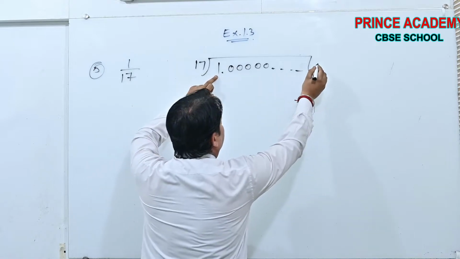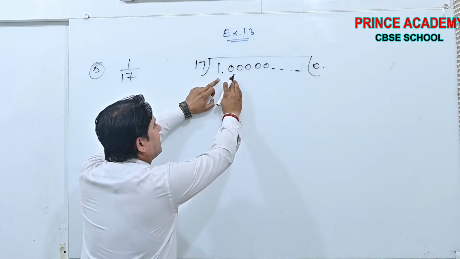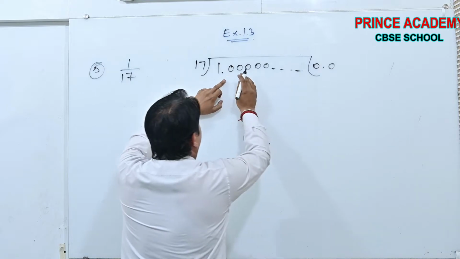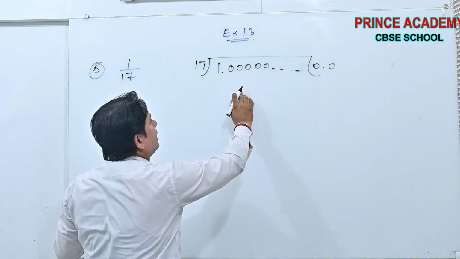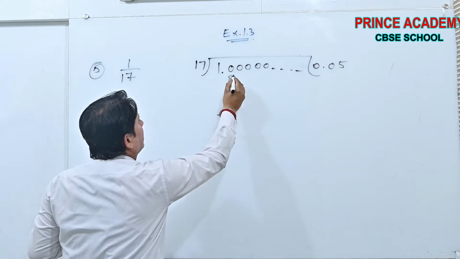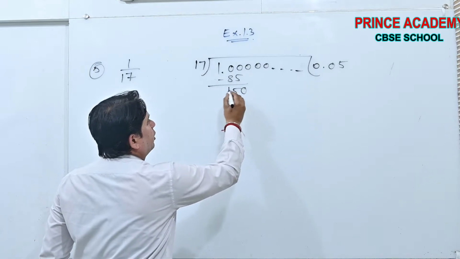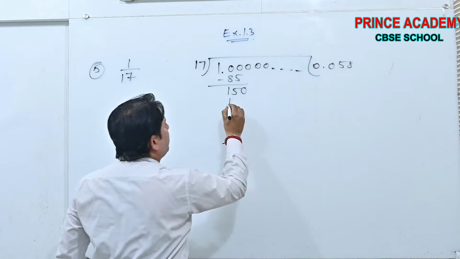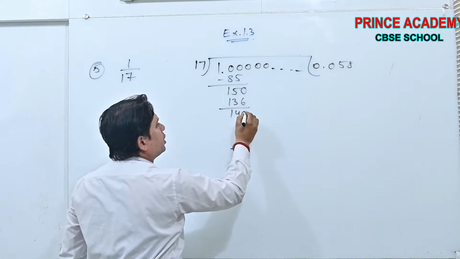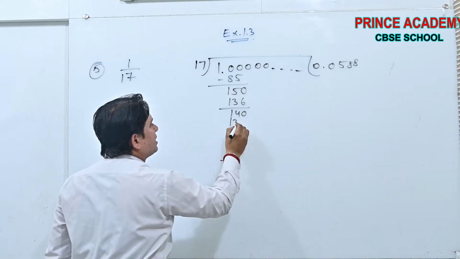1 is not divisible, 0. Up to 10 is also not divisible, 0. Then up to 100, yes, now it is divisible. 17 fives are 85, minus. Now see beta, 150, 17 eights are 136. 140, 17 eights are 136.